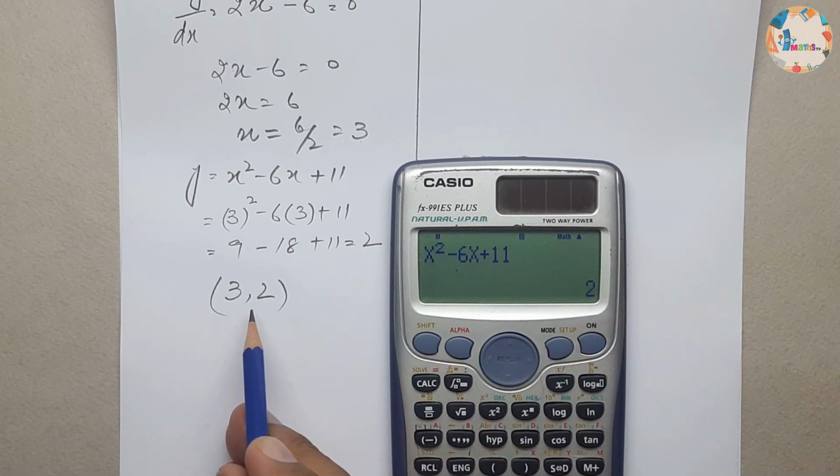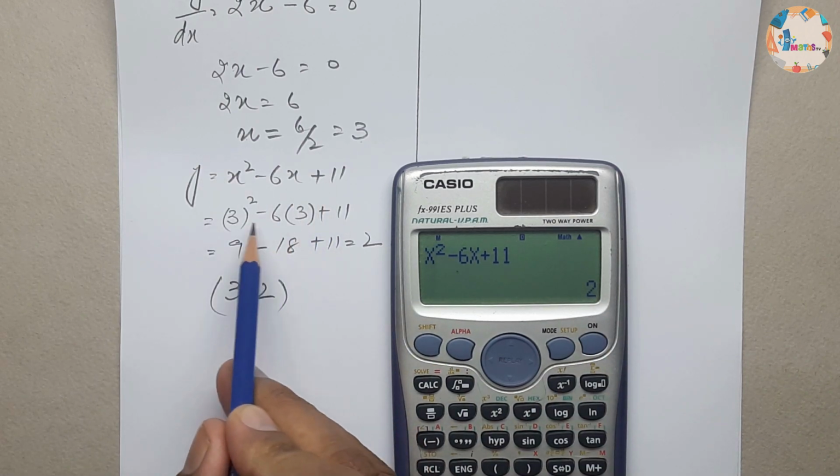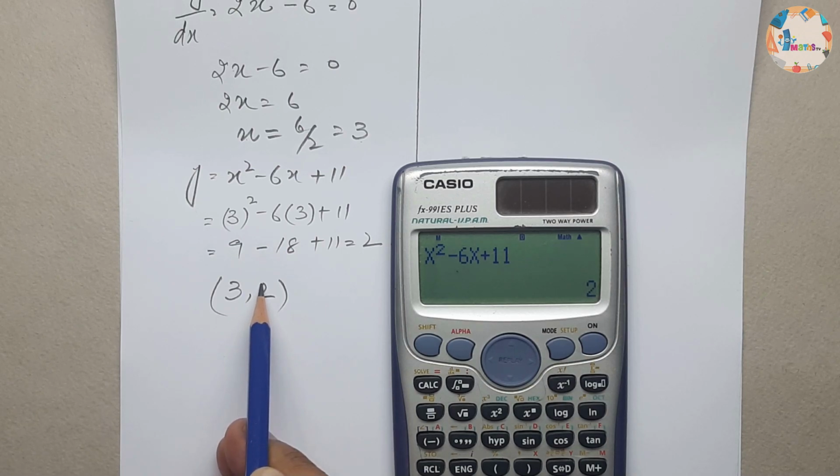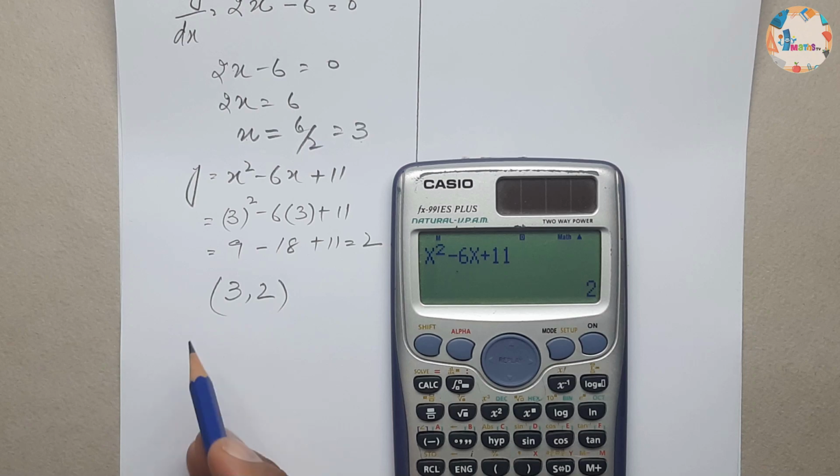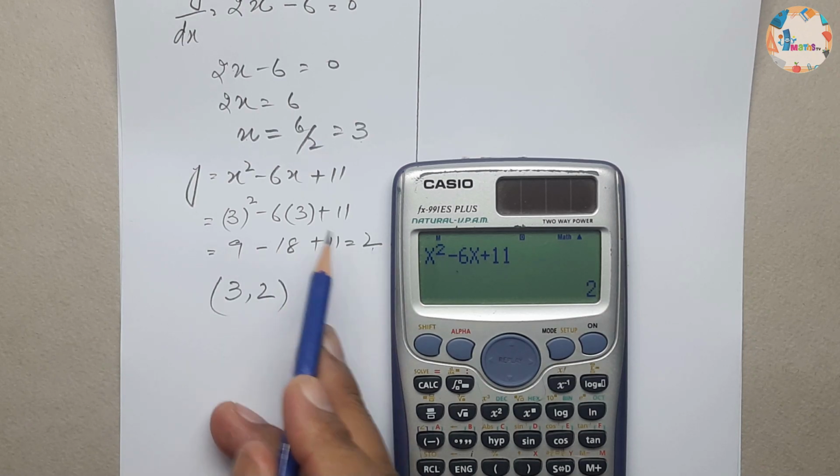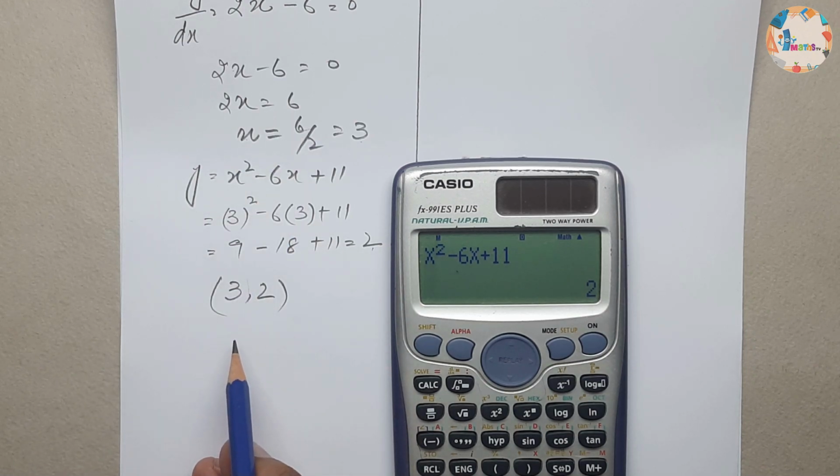So this is how we can directly replace and calculate this value 2 as well. I have shown you by calculator usage how we can reach the 2 value, and manually also we can calculate, and the minimum point will be 3 and 2.